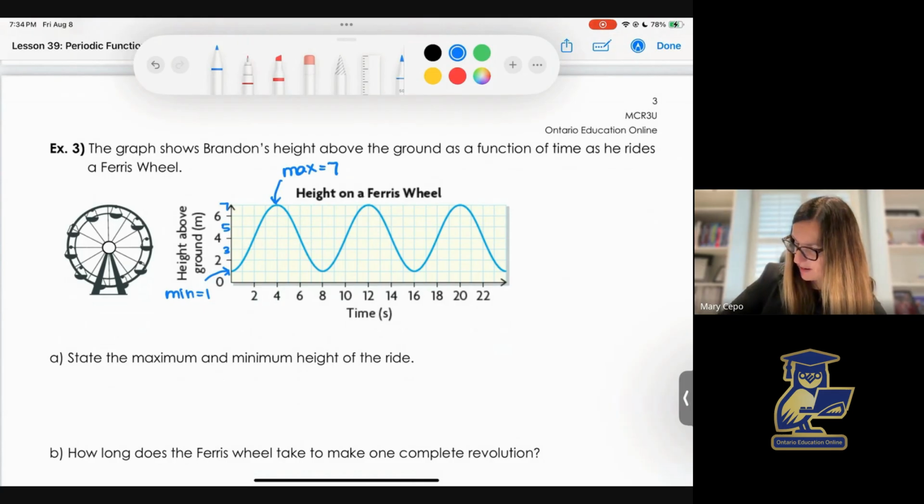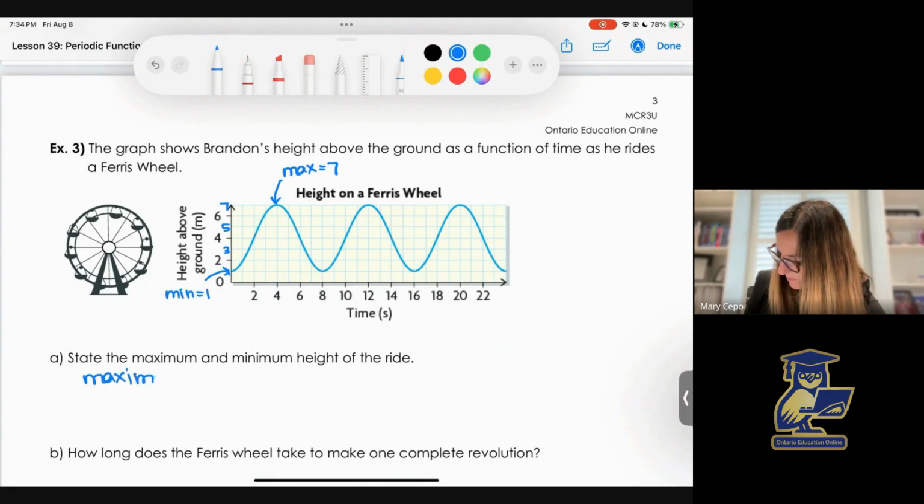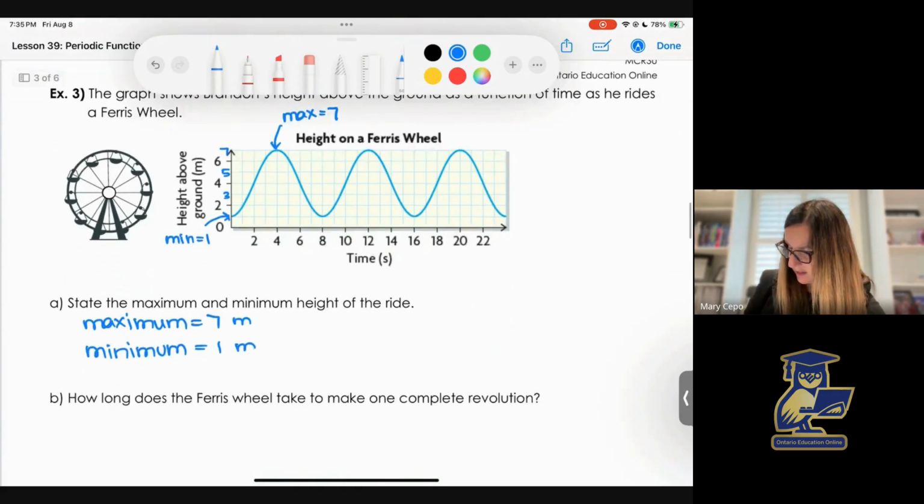Okay, so state the maximum height of the ride. So we can say maximum is equal to 7, minimum is equal to 1. And of course, we're given units, so that's meters. So the height is in meters, the time is in seconds.